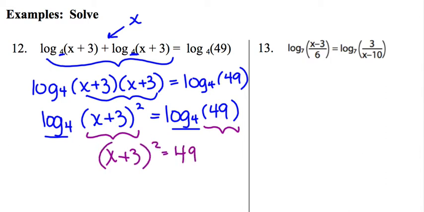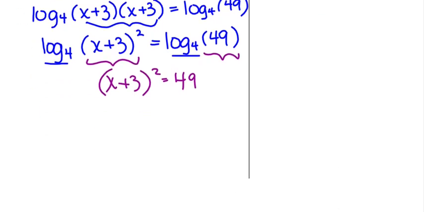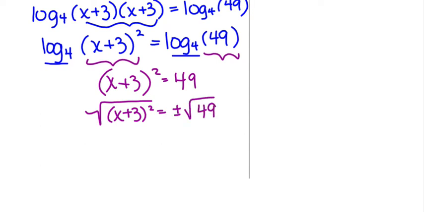All right, now this becomes very similar to the last problem that we just did. We're going to go ahead and solve by undoing again. So we're going to square root both sides to undo the squared. Don't forget the plus or minus on the right. The left will be left with x plus 3. On the right, plus or minus 7.